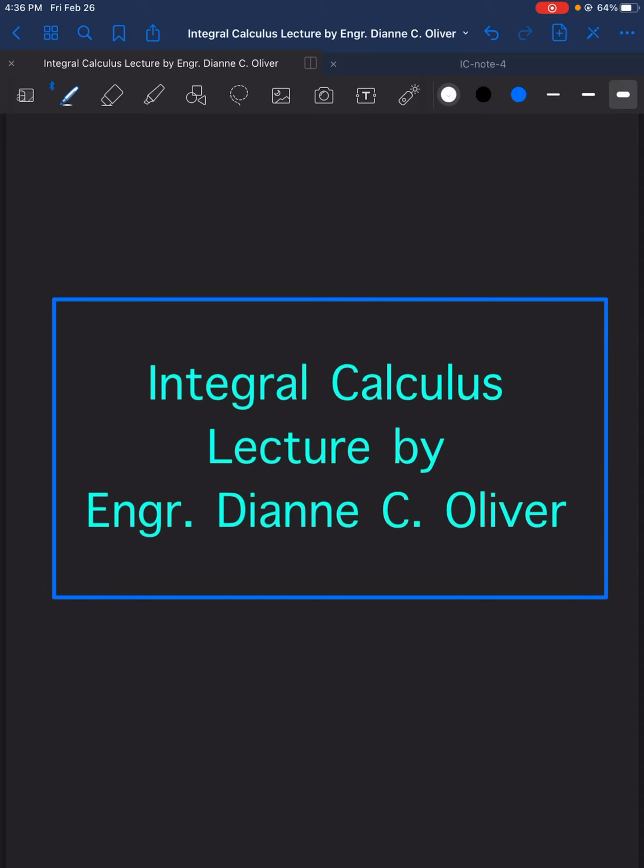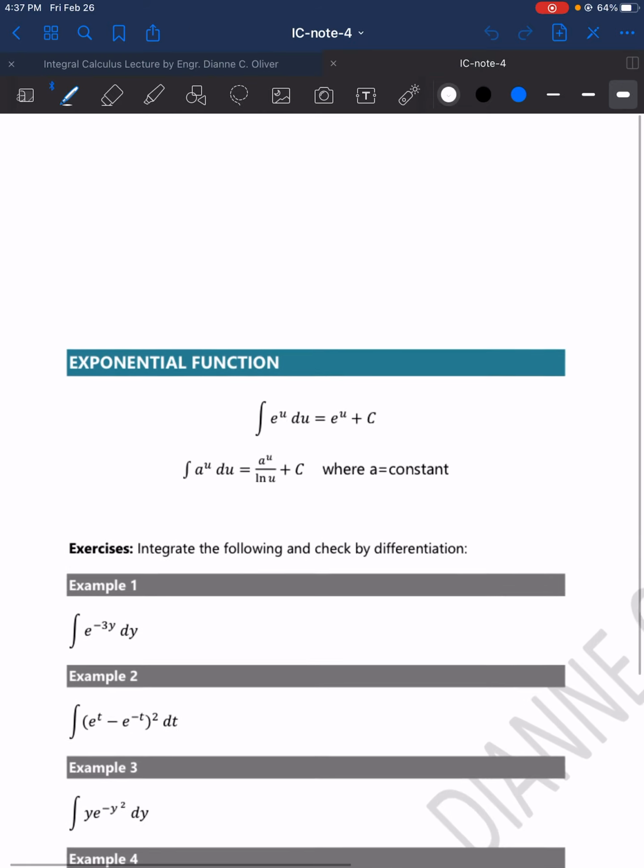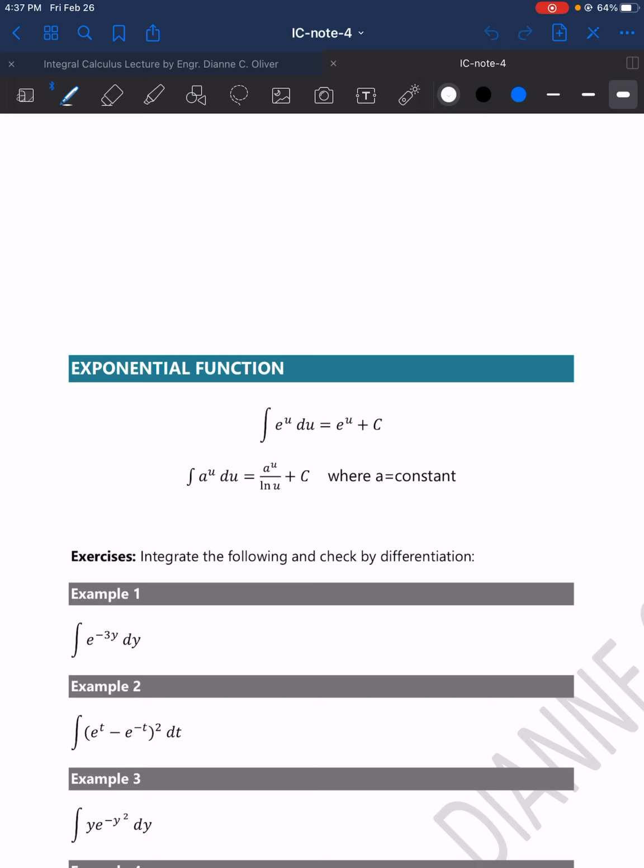Let's continue our lecture video in integral calculus, and this time the topic is exponential function. For the integral of e raised to u du, the answer will be e raised to u plus c.